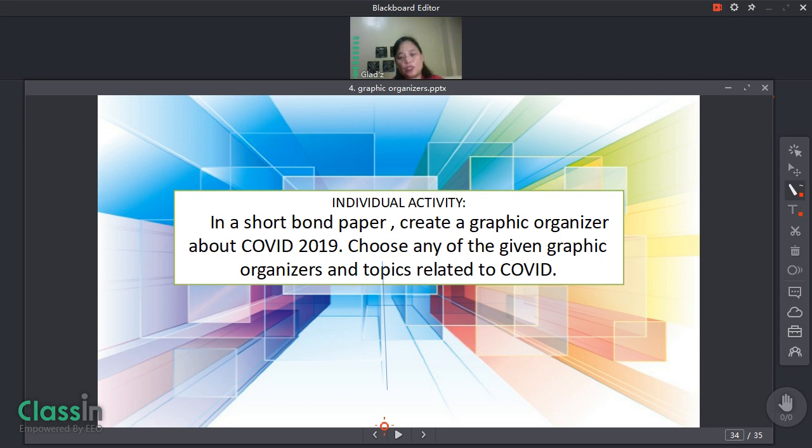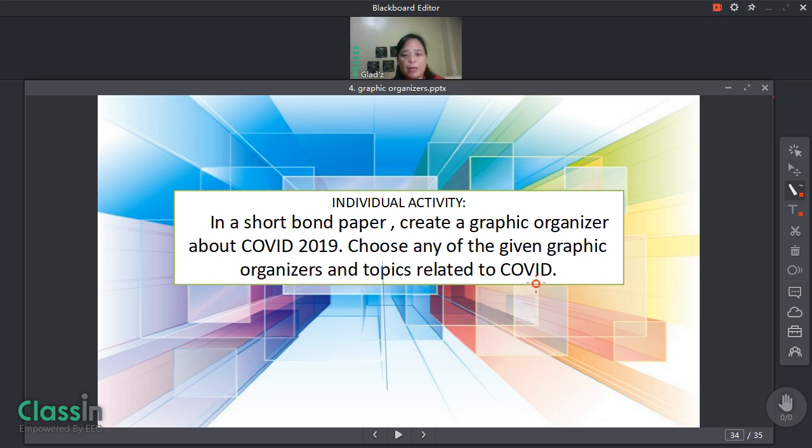You can use the T-chart if you want, the pros and cons of COVID or the advantages and disadvantages of COVID. You can also use the KWL, or you can use a Venn diagram if you want to compare COVID to other viruses that we have experienced.